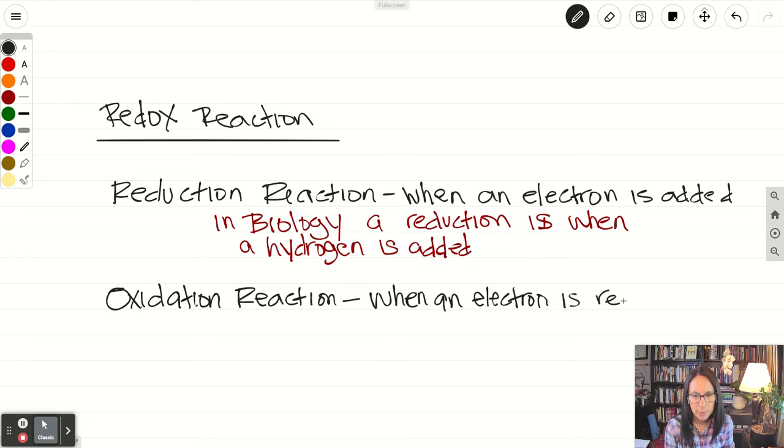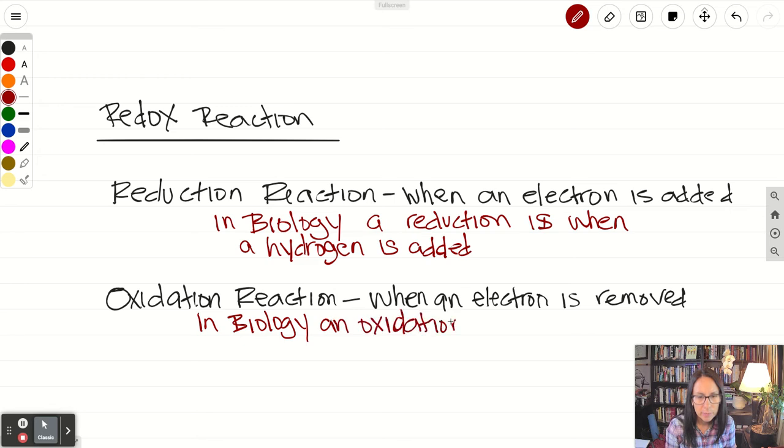And so in biology, what this means is that oxidation is when a hydrogen is removed. So let me write that down. In biology, an oxidation is when a hydrogen is removed.